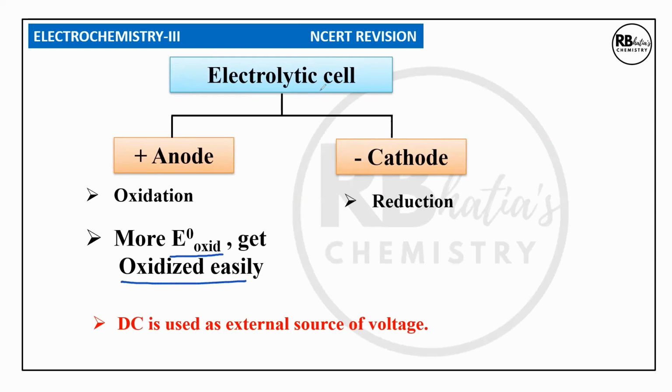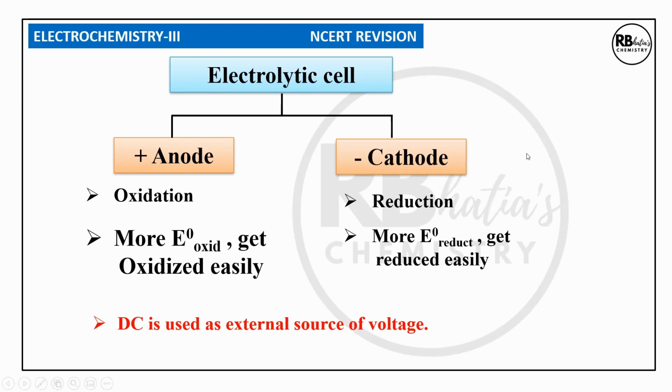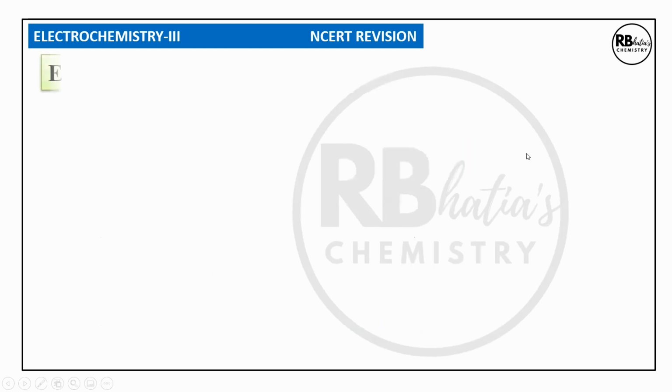Cathode is the negative electrode where reduction occurs, and the substance having higher reduction potential gets reduced easily. And DC, direct current, is used as an external source of voltage.